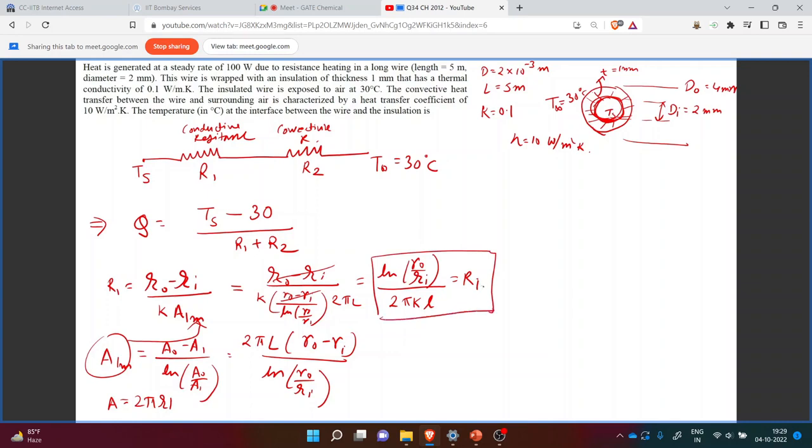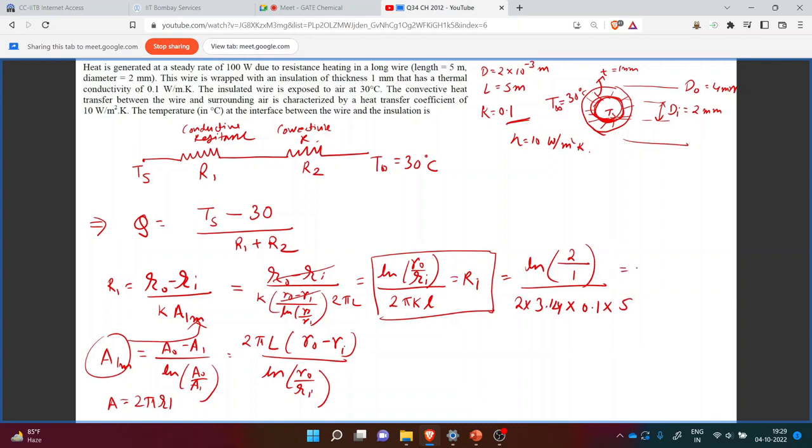Now R2, so let's just calculate the numerical value of this term also. So R1 will be ln of r0, the outer radius is 4 by 2, it will become 2 mm, and the inner radius will be 2 by 2, that is 1 mm, on 2 into pi, that is 3.14, the value of k thermal conductivity we have been given as 0.1, into length 5 meter.